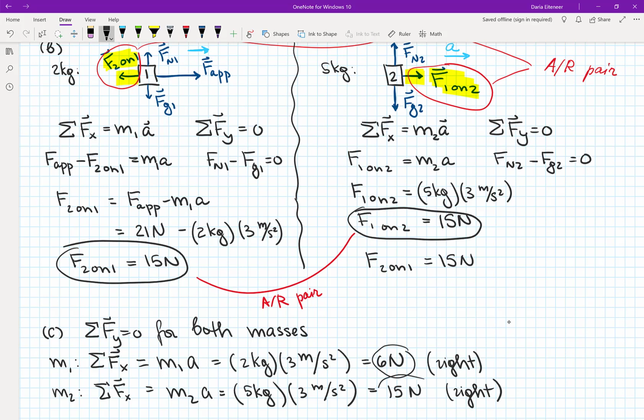Circle our answers. Okay, so those are some examples of how to draw a free body diagram and how to write what's going on in that free body diagram in terms of equations.